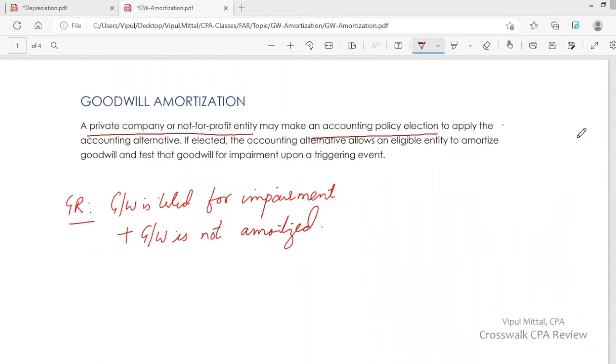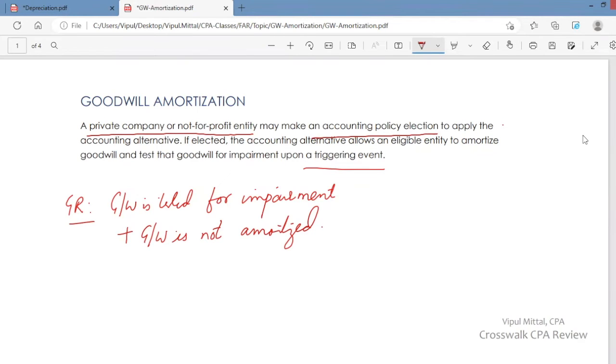So a private company or a not-for-profit entity that makes an accounting policy election should amortize goodwill and also test goodwill for impairment. When should goodwill be tested for impairment? Upon a triggering event. For example, negative cash flows.